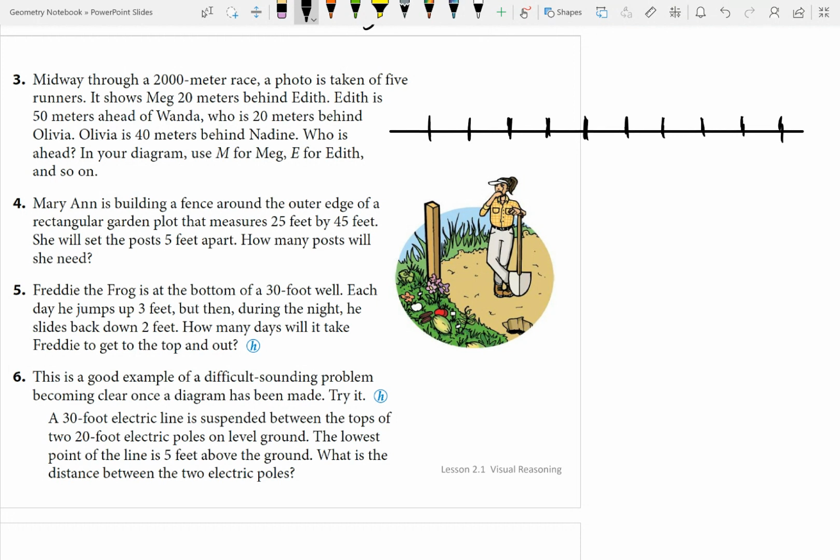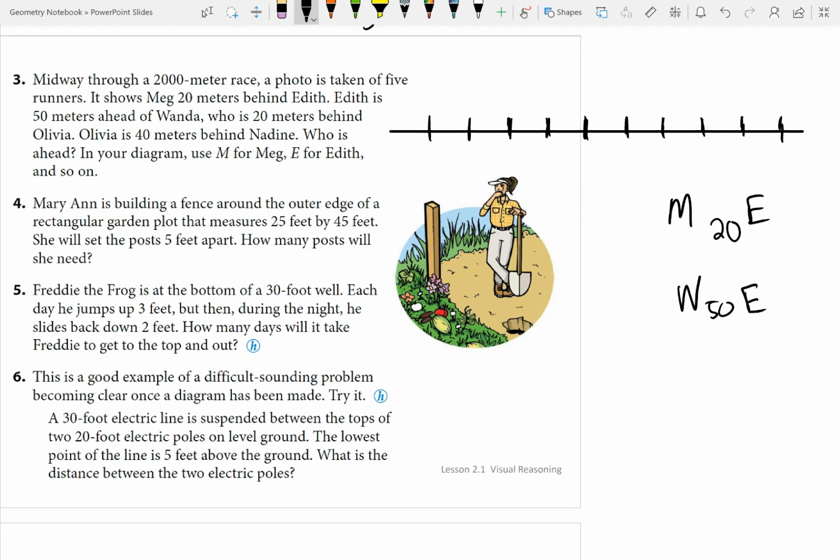We're going to start with Meg is 20 meters behind Edith. So you go 20 and then you get E to Edith. Edith is 50 meters ahead of Wanda. So here's Wanda, 50, Edith.